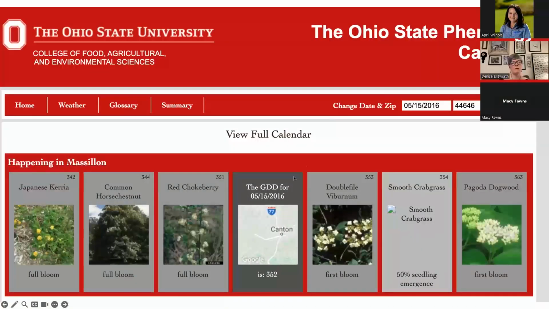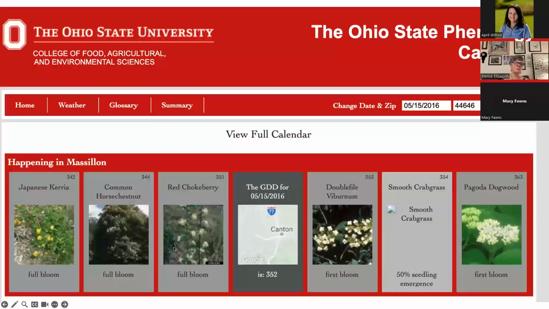So before I left for this program, I put in my zip code to see where we were at. We were at 352 growing degree days. So remember, that's what has accumulated heat-wise since January. To the left here, what's already happening, my red chokecherry was in full bloom, Japanese kerria in full bloom.